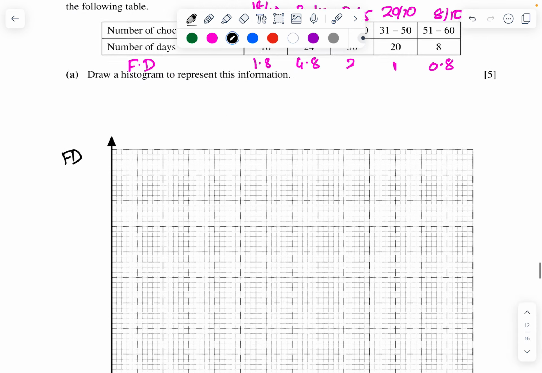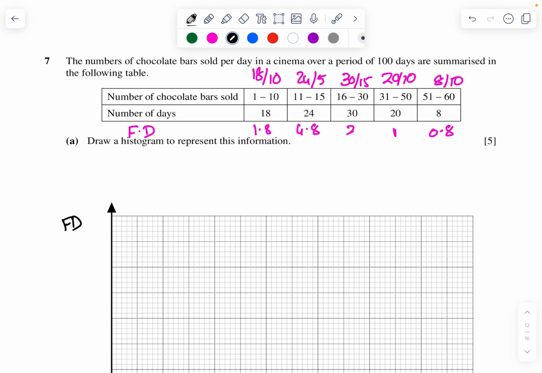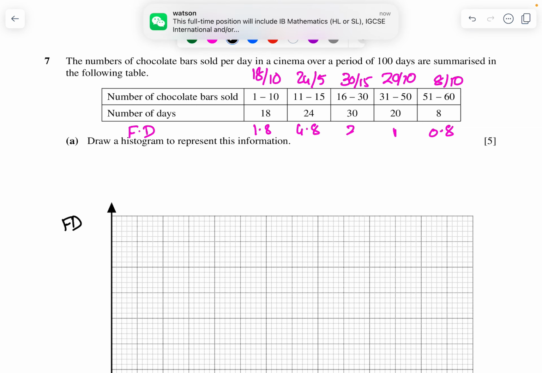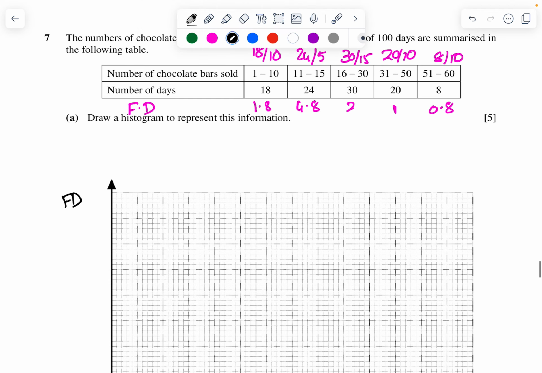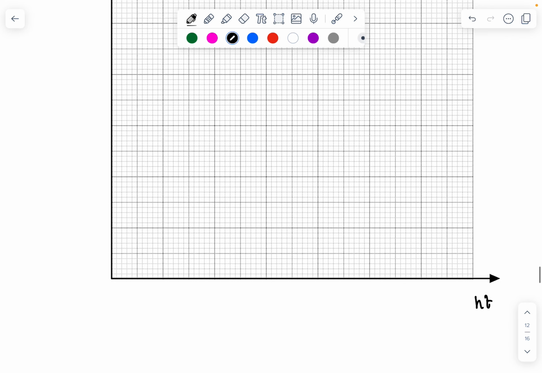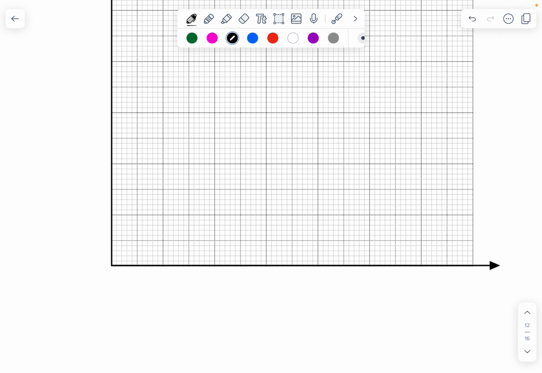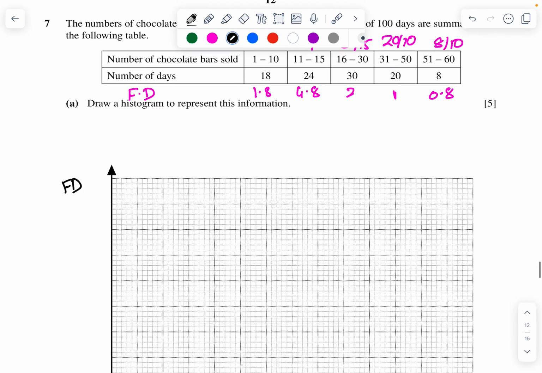The x-axis is the number of chocolate bars sold, going up to 60.